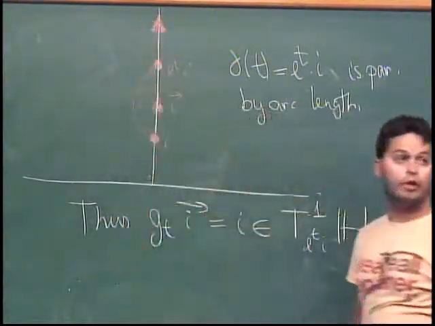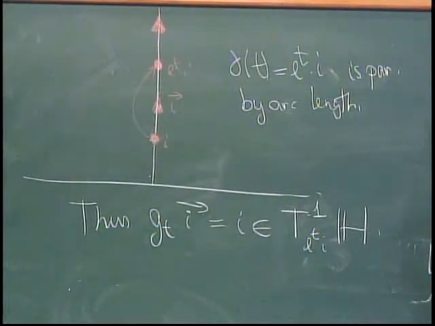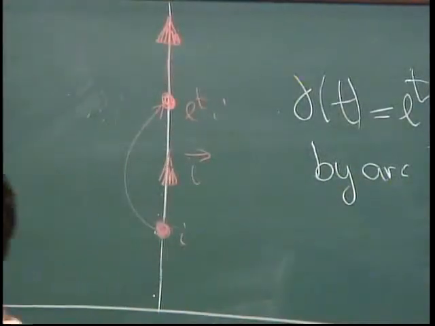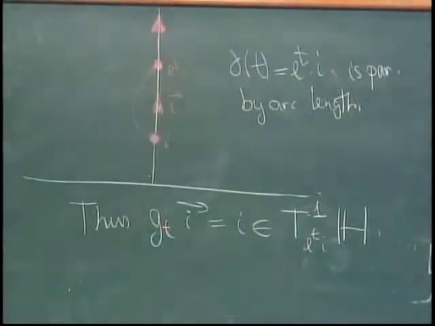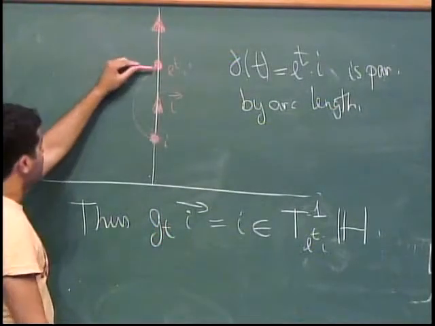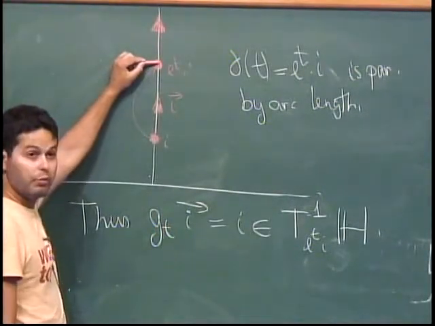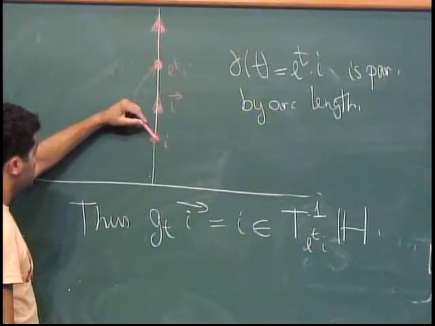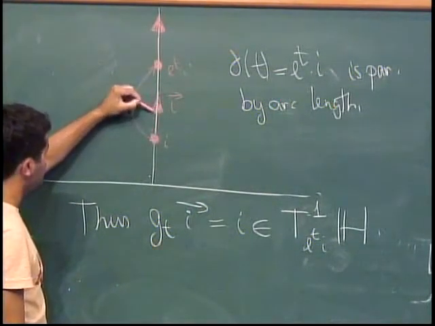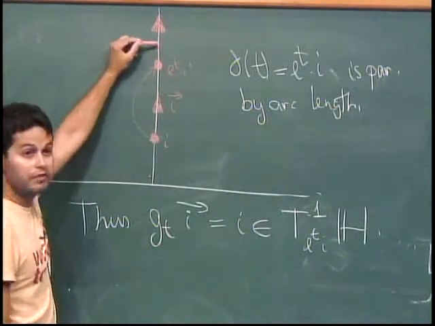Okay? So, if you want to see this flow in PSL2R coordinates, you have to see what is the Möbius transformation that sends this vector to this vector, right?